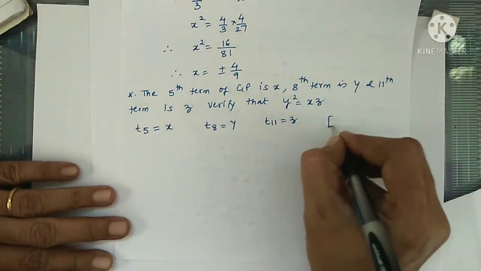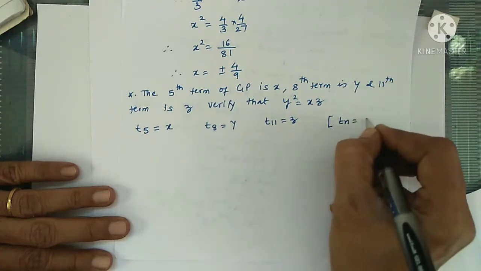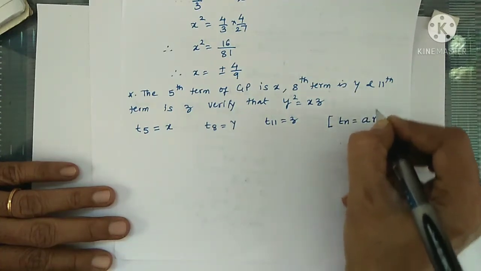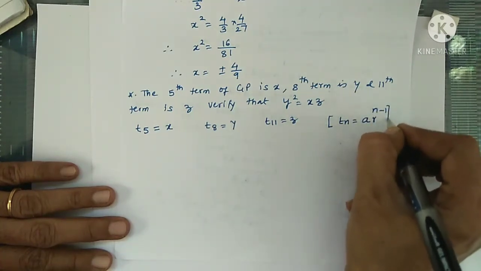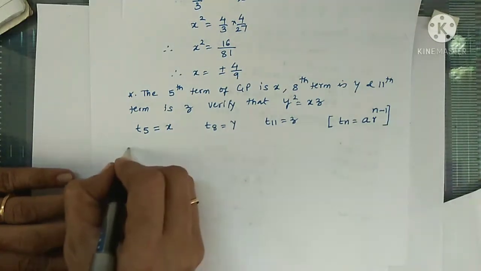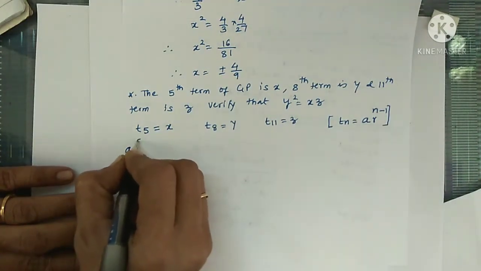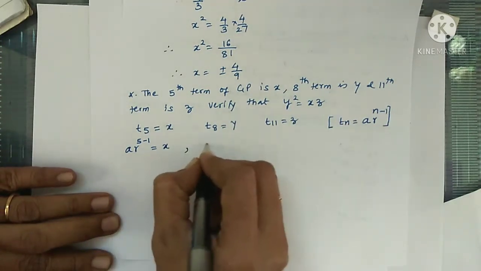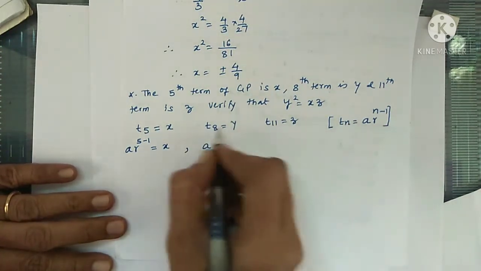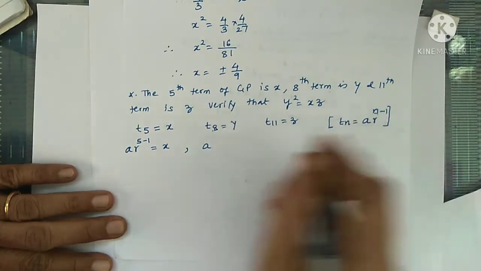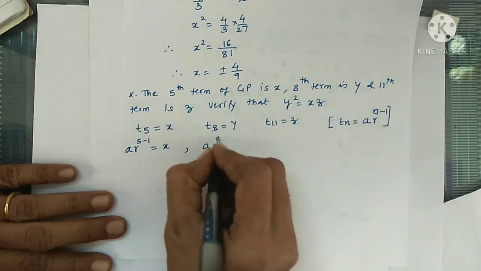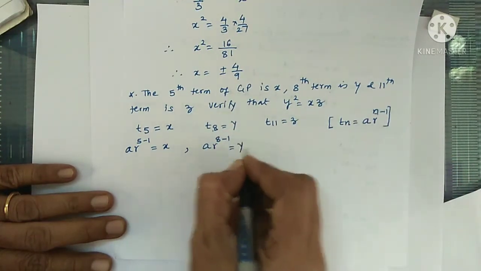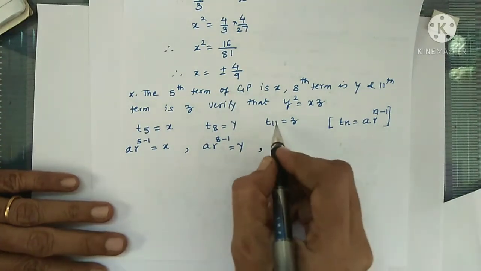Now let's use the formula for Tn. As it is a GP, the nth term is a r raised to n minus 1. So a r raised to n, which is 5 here, so 5 minus 1, is x. Here n is 8. So put n equal to 8 in the formula. So a r raised to 8 minus 1 equals y.